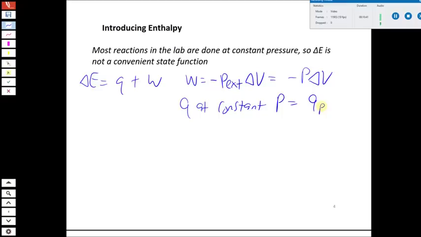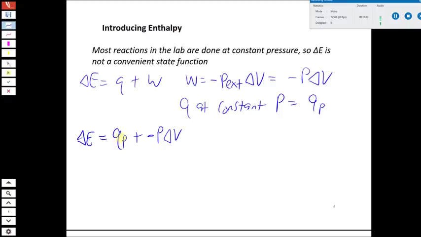And so if we're conducting everything at constant pressure, we can rewrite delta E then. So delta E at constant pressure, we can write as QP, and then the work we can rewrite as minus P delta V. Okay, so we're just making some substitutions here.